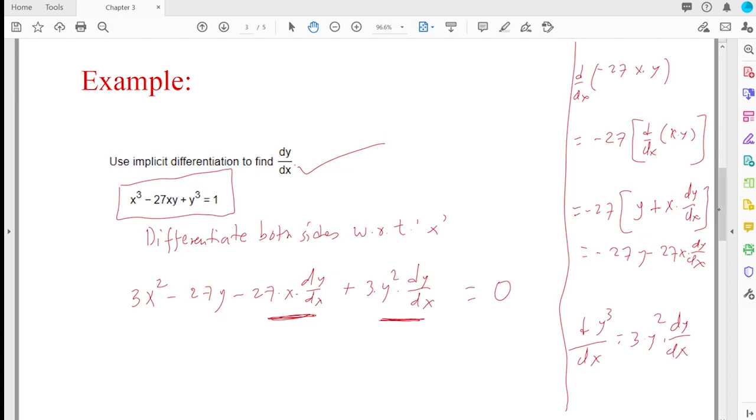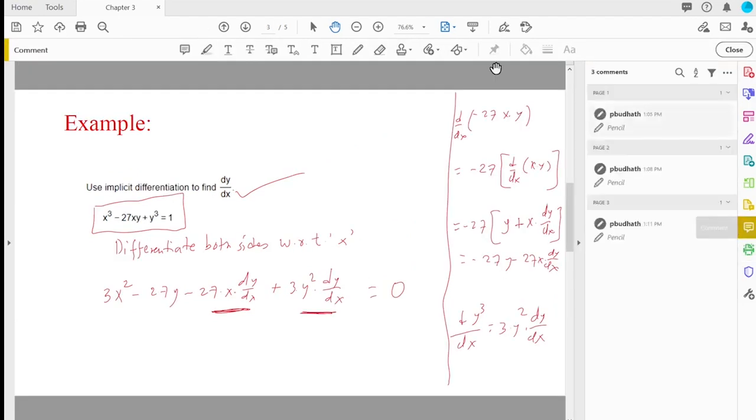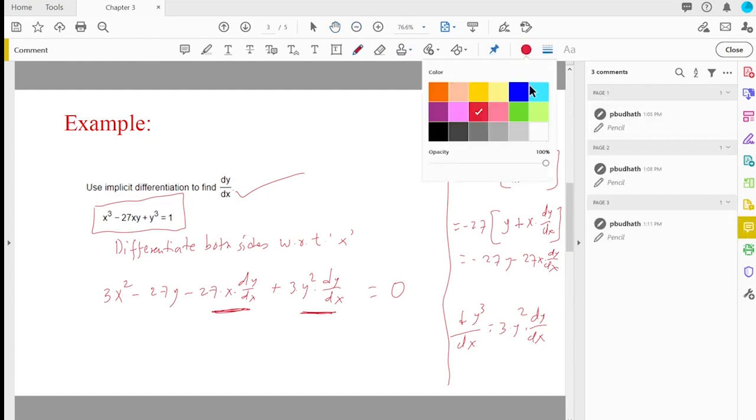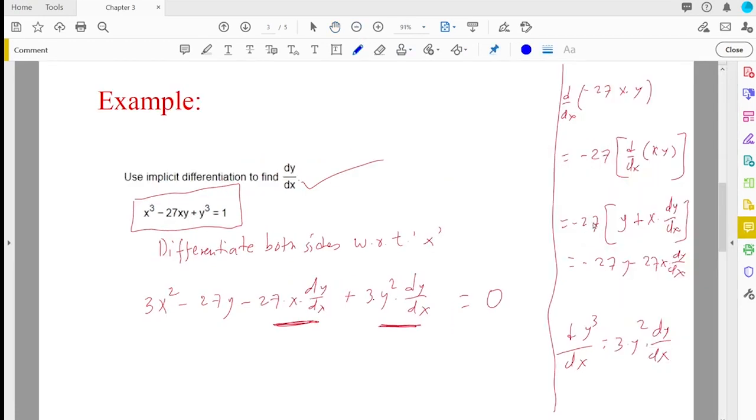We can do that if we just subtract 3x squared and add 27y. If we do that, that will give us this thing.